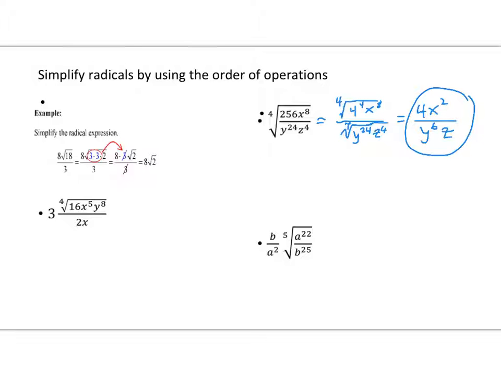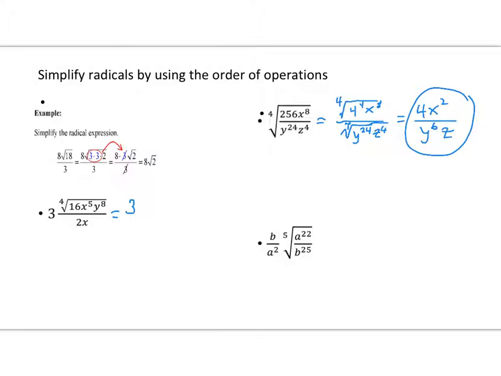In the next problem, I'm going to move over here to 3 multiplied by a fraction: the 4th root of 16 x to the 5th y to the 8th, divided by 2x. So in this particular problem, again, I'm going to put things into some sort of factored form.